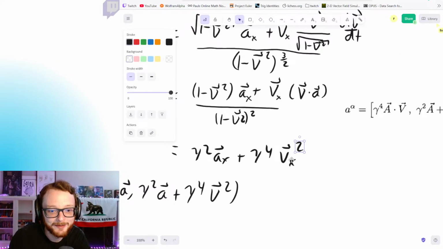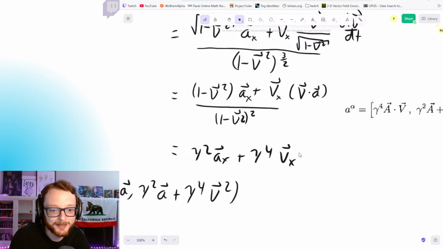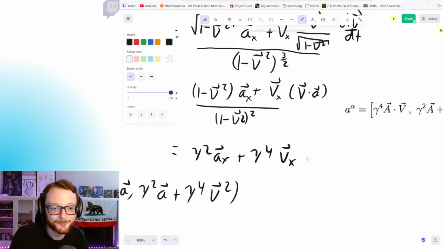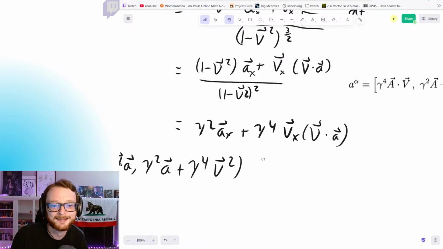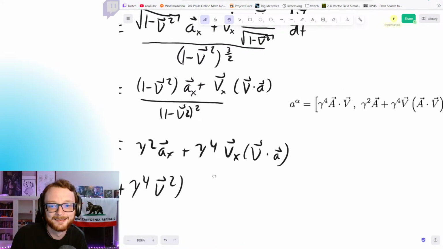I'm realizing how much I dislike this vector notation. It's really confusing, but I think we had the right idea. The summation notation is going to take some getting used to. Yeah.